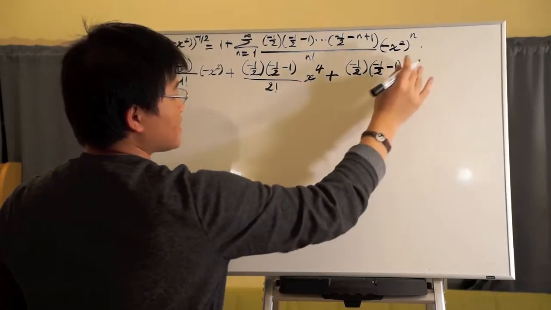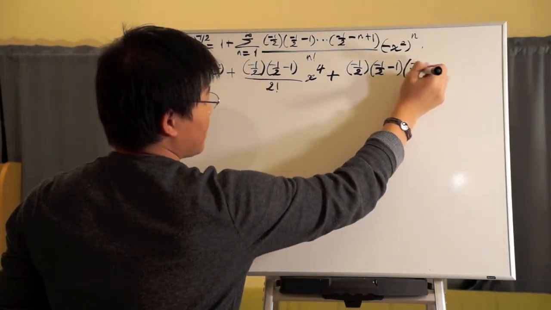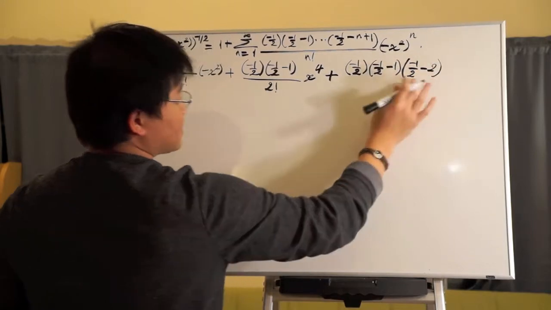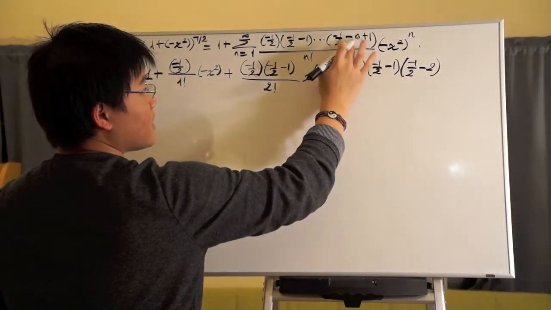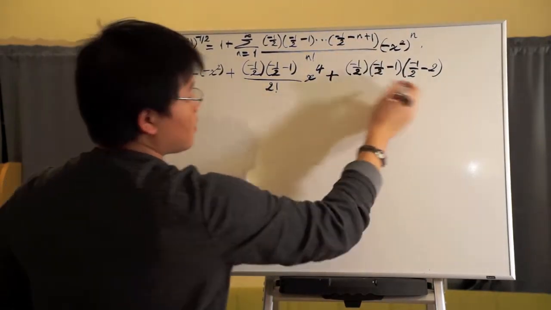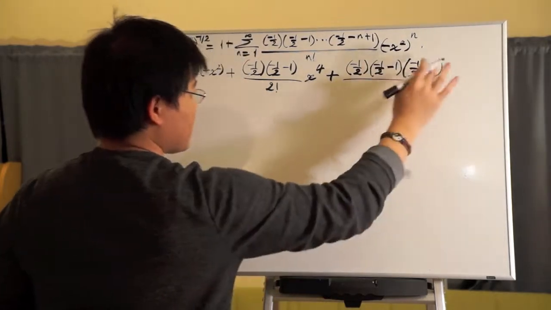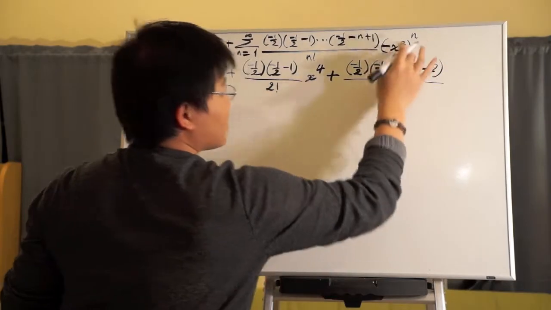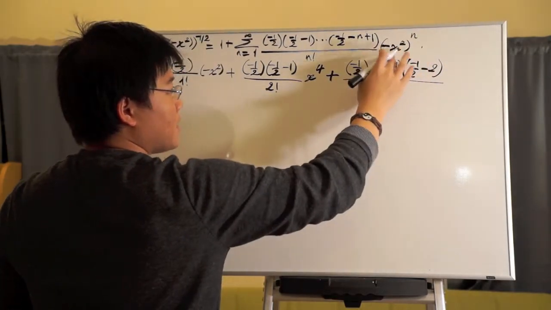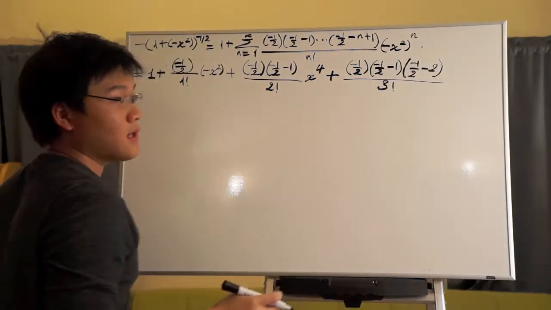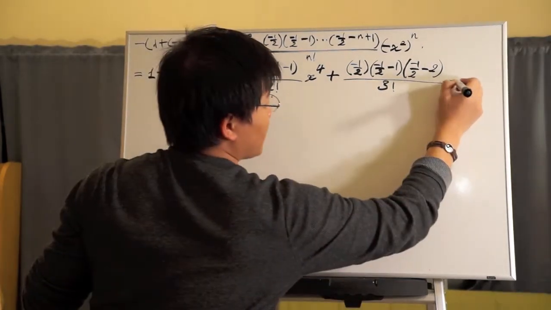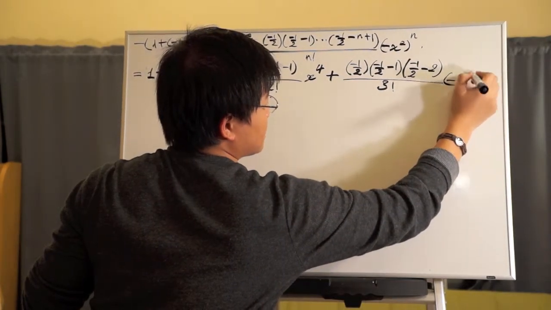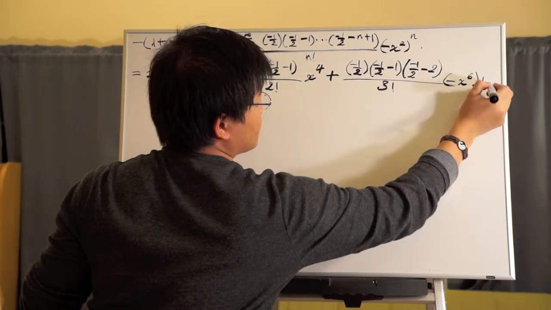Times up into that term, minus 1/2 minus 2, right? Because 3 put in here, that's minus 3 plus 1, that's minus 2. Alright? So we times up into that 3 factorial. Okay? X to the n, n is 3, so minus x to the 6th, right? So minus x to the 6th. Okay? Plus dot dot dot.